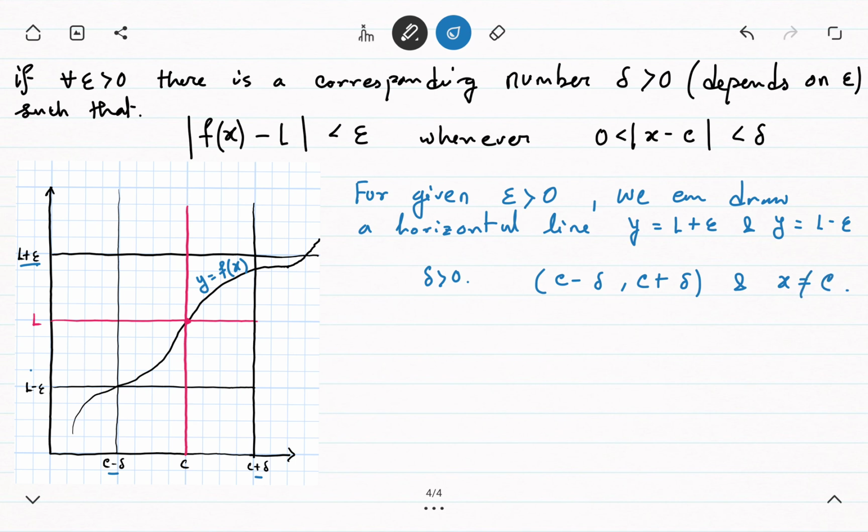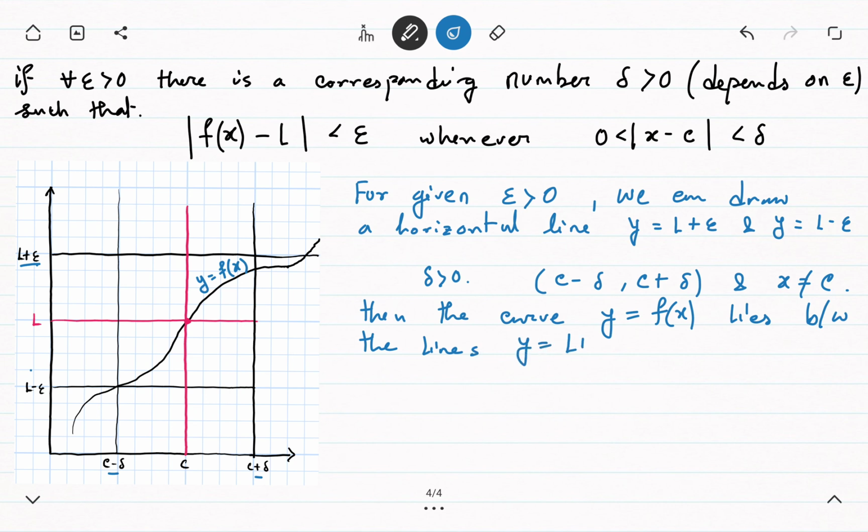Then the curve y equals f of x lies between the lines y equals L plus epsilon and y equals L minus epsilon. You can see.